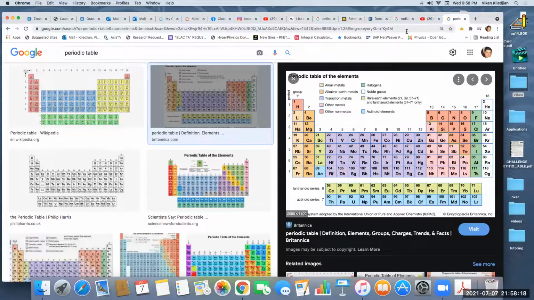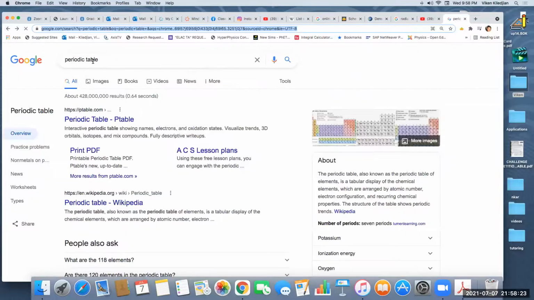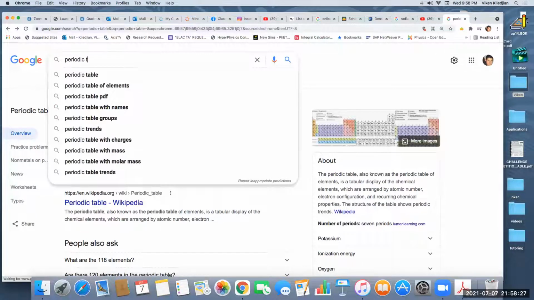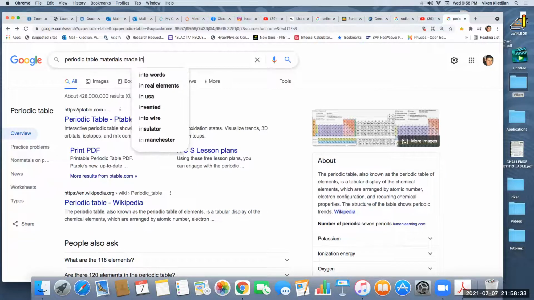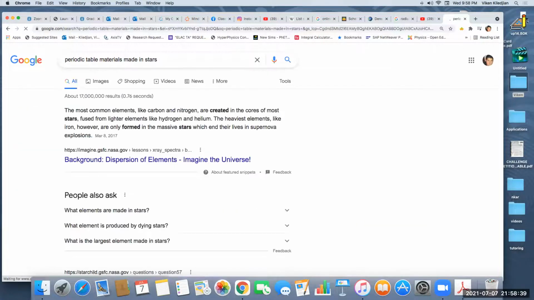So we could even Google here: periodic table, materials made in stars. Maybe find some kind of chart.